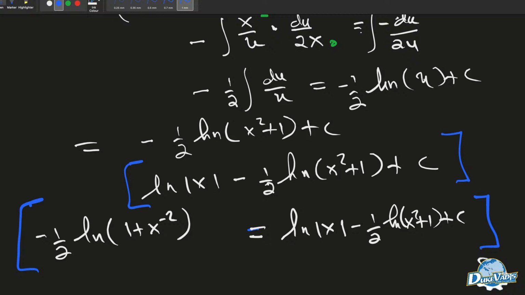So this is the final answer. If you want to verify it, you just have to apply the principles of logarithm. Bear in mind that if you substitute values from 0 and above into this equation and use a calculator to verify, the left hand side will be equal to the right hand side.